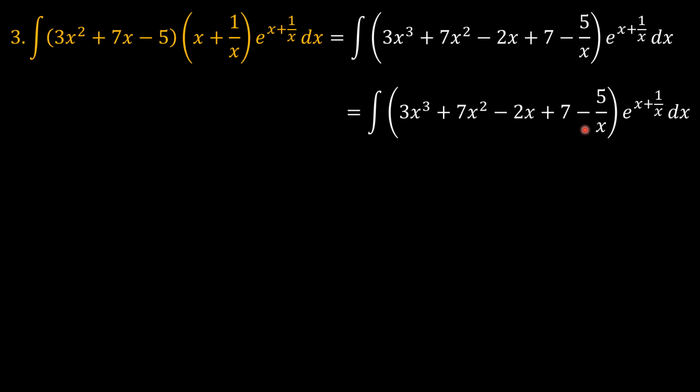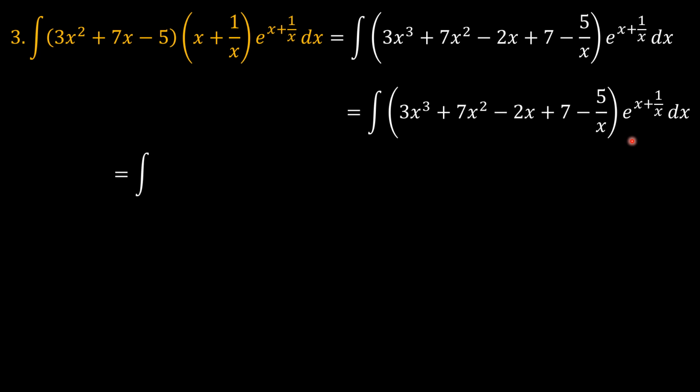I can see for certain that when we differentiate e to the power x plus 1 over x, we have a 1 minus x squared term somewhere. So there is integration, there's a product rule somewhere that I need to figure out.